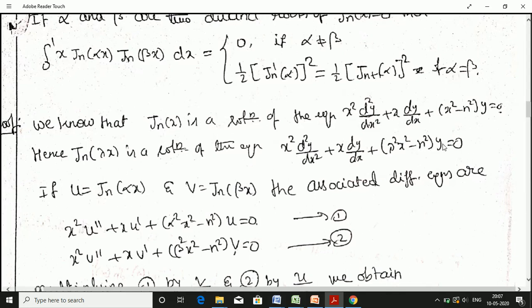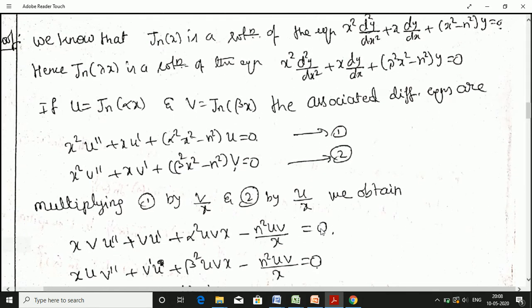If u is equal to Jn of alpha x and v is equal to Jn of beta x, the associated differential equations are x square u double dash plus x into u dash plus alpha square x square minus n square of u is equal to 0, and v is the solution of the differential equation x square v double dash plus x v dash plus beta square x square minus n square of v equals 0.